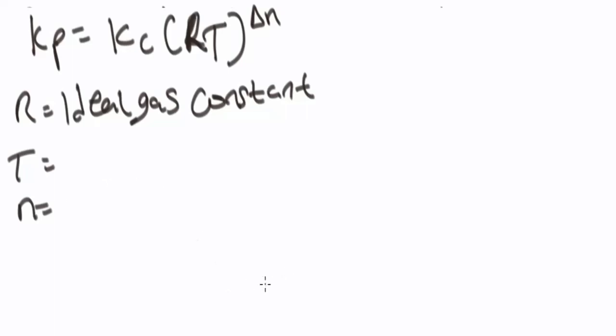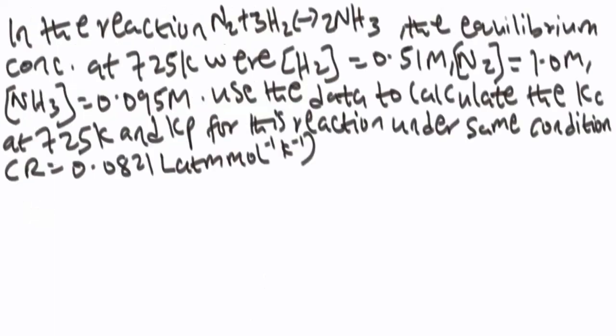Now let's look at a typical problem on this and apply the formula. Look at this question. It says in the reaction that gave ammonia, the equilibrium concentrations at 725 Kelvin are these values. Use the data to calculate the concentration equilibrium constant at this temperature and Kp for this reaction under the same condition.